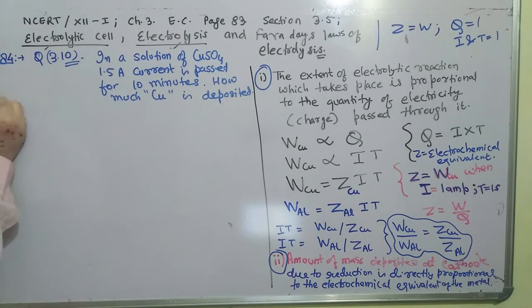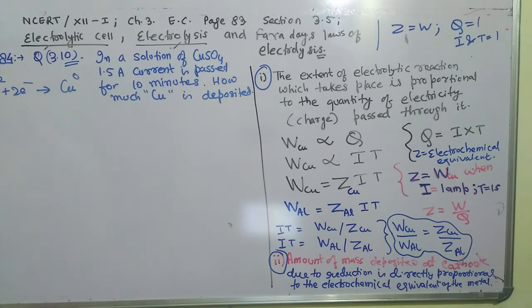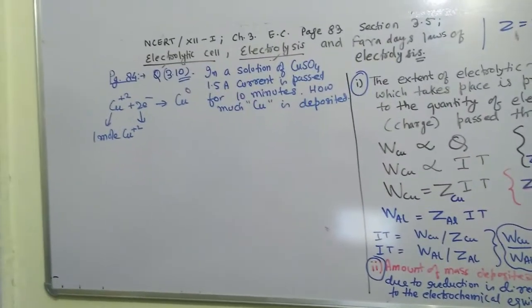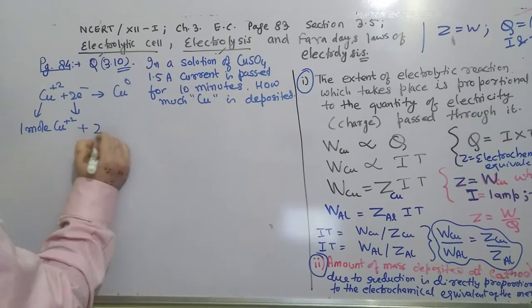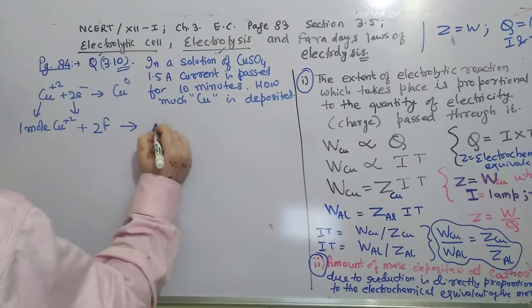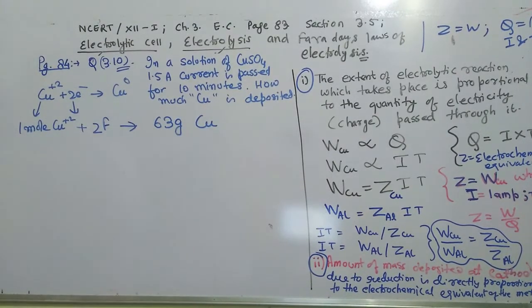As I had shown you earlier, Cu2+ takes 2 electrons to form Cu0. It is clear that 1 mole Cu2+ takes 2 farad charge to form 63 gram of copper, or 1 mole of copper.